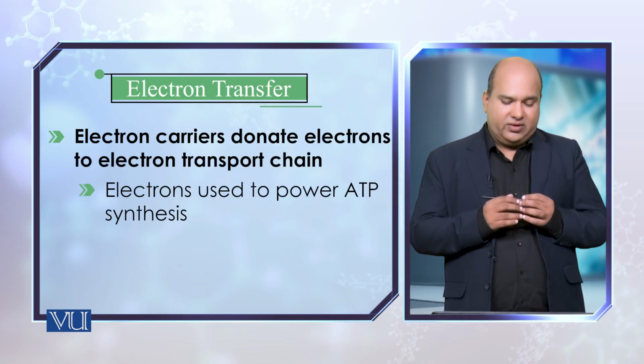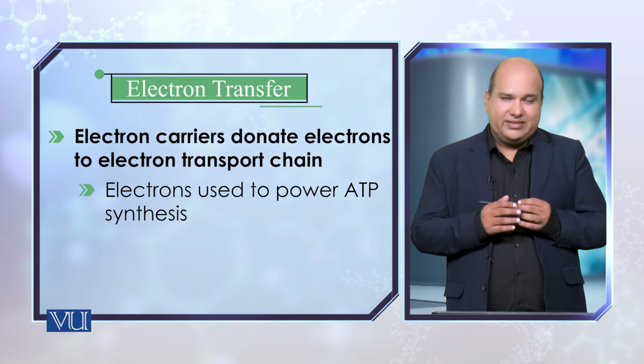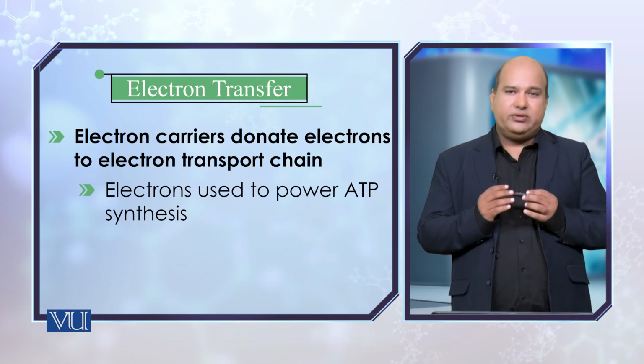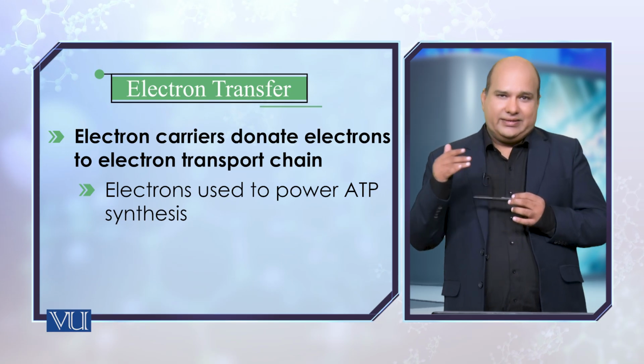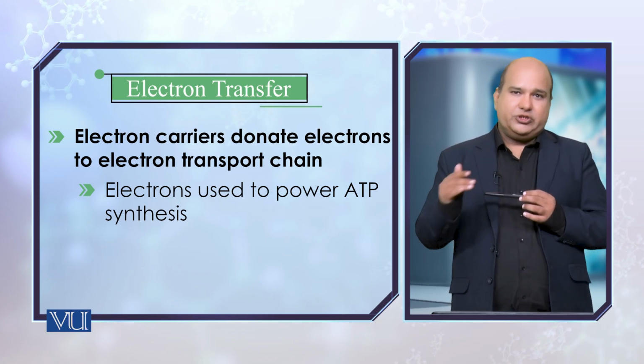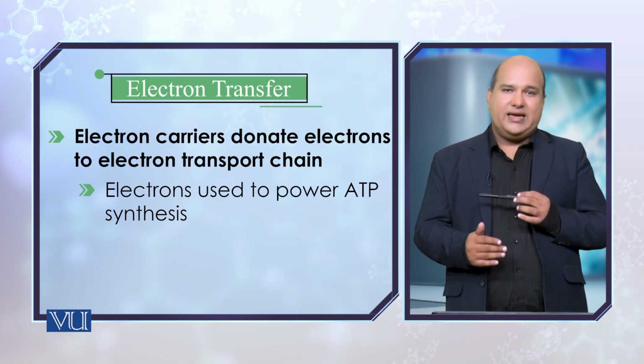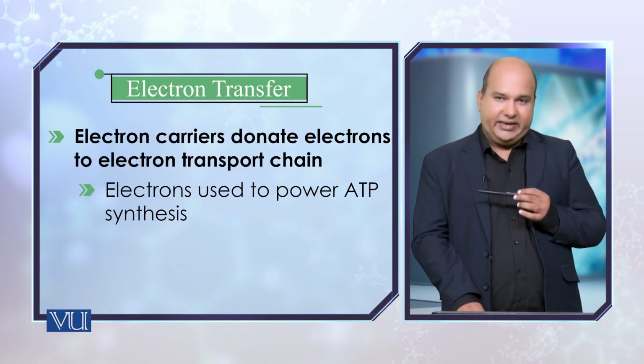The electron carriers carry these electrons and then donate them to the different components of the electron transport chain, where they are utilized in the formation of ATP.